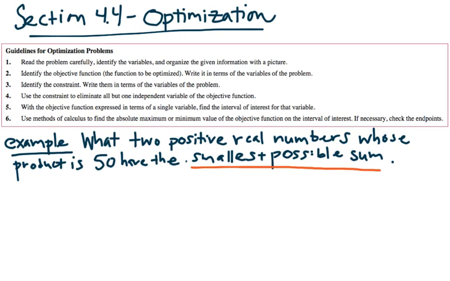Our constraint is that the 2 positive real numbers have a product of 50. Part of setting up these problems is just identifying variables or drawing a picture. There's not a whole lot of pictures we can draw for this one, but we can identify some variables. So I'm going to let A and B be my positive real numbers.